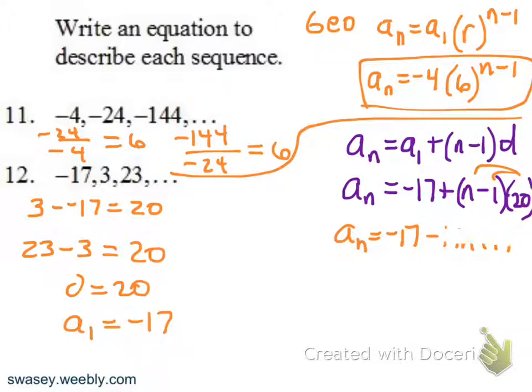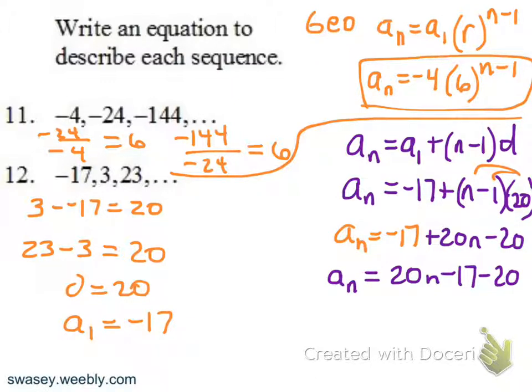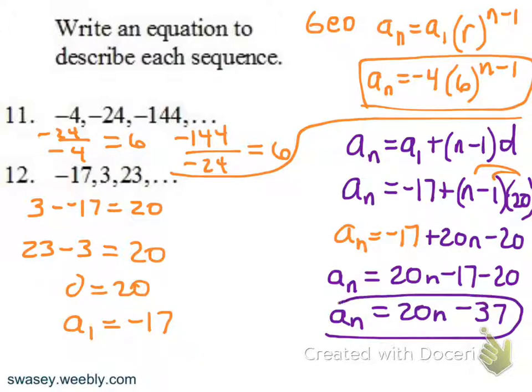Let me fix that. 20 times n is 20n. 20 times negative 1 is negative 20. Now we'll combine those. Negative 17 minus 20 is negative 37.